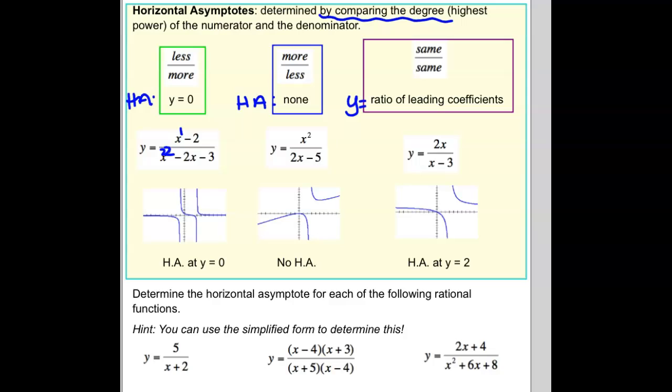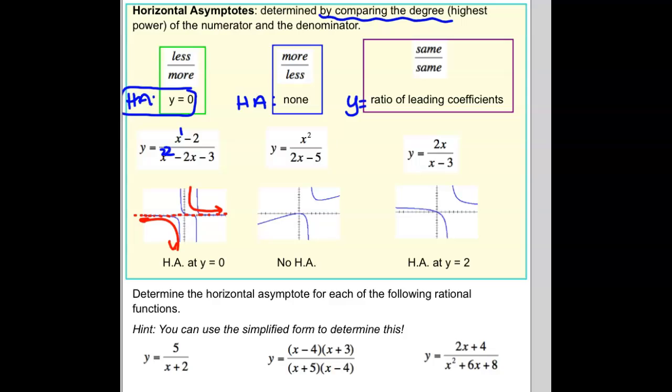So the top degree is less than the bottom degree, which means we have a horizontal asymptote at y equals 0. And you can see that your graph is approaching that line y equals 0. On this side it's coming down and approaching there. On the bottom here it's coming up and approaching from underneath.